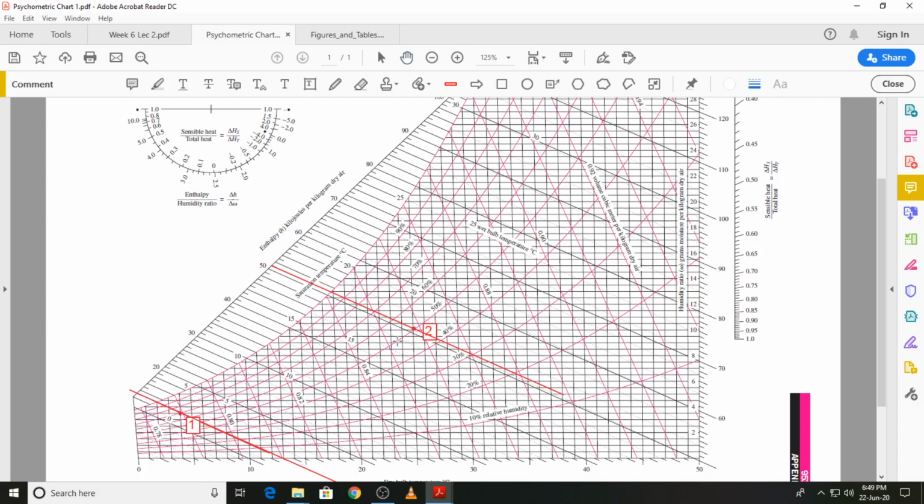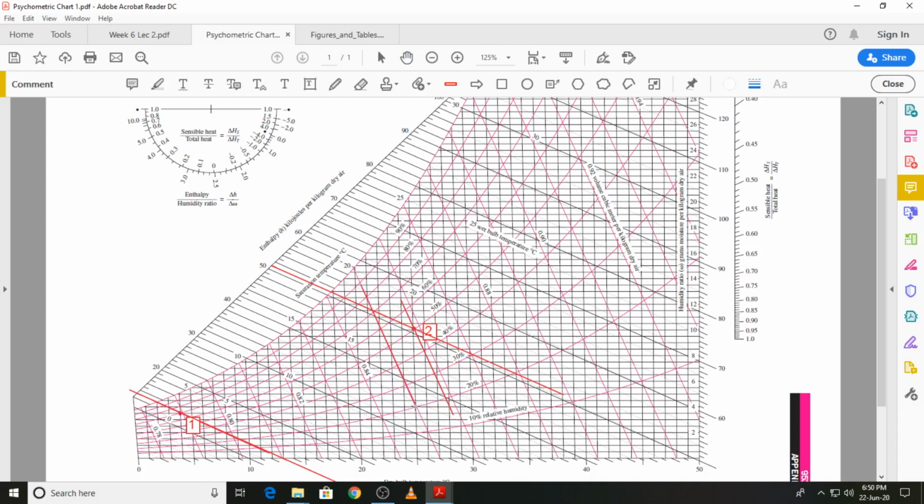For the specific volume, this will be a constant specific volume line which has a value of 0.86, and this is 0.85, this line over here, which I'll again show to you.